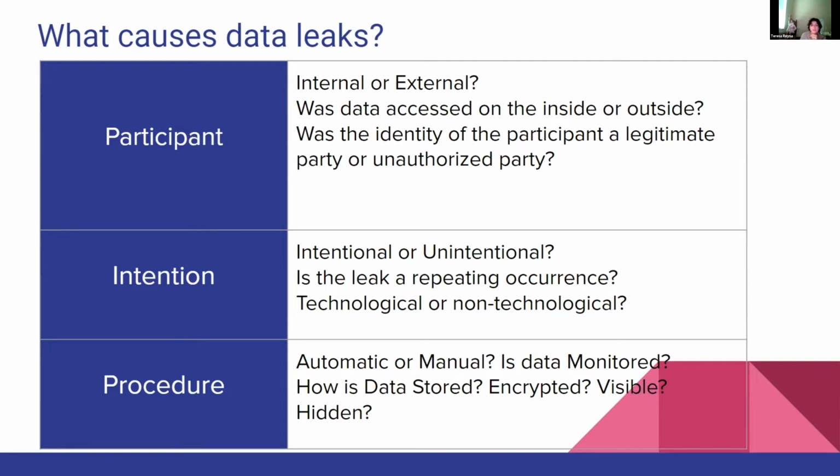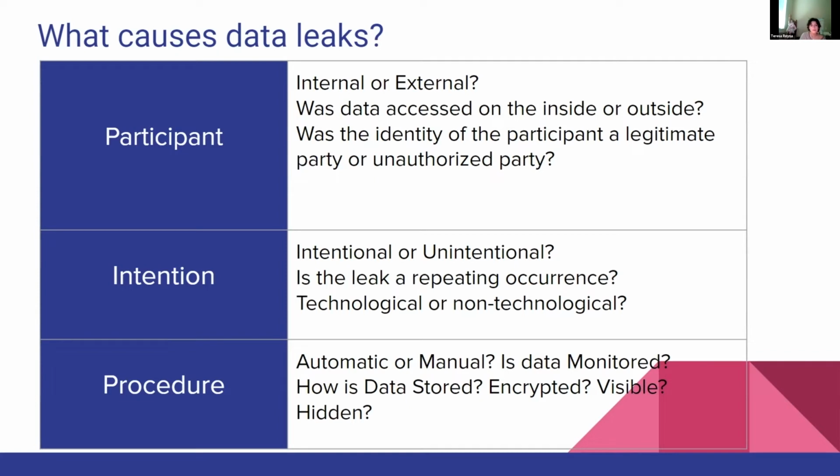Was the intent of the data breach something that was deliberate or unintentional? As in, employees can sometimes unintentionally or even be blackmailed into revealing sensitive information to third parties. Is a leak a repeating occurrence? This also brings light into the nature of the data leak. Was it a technological leak or a non-technological leak?